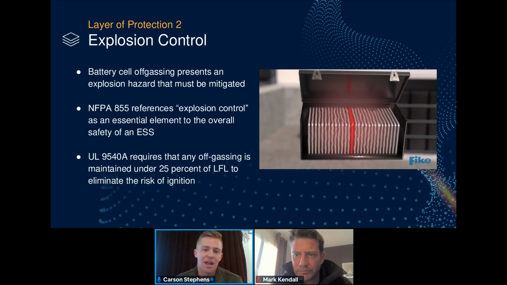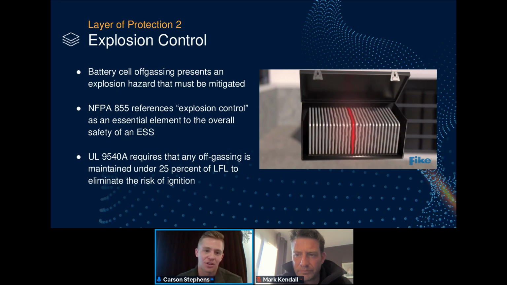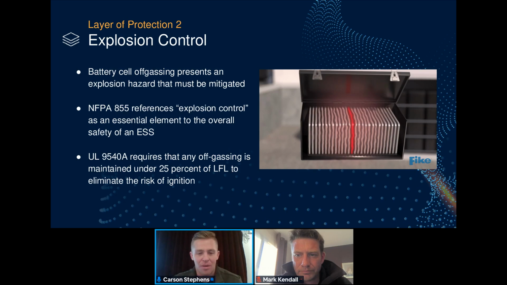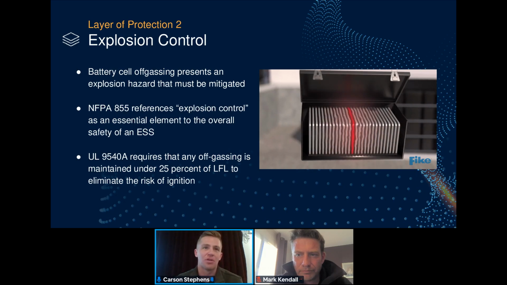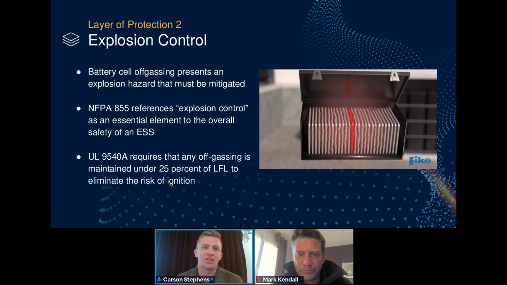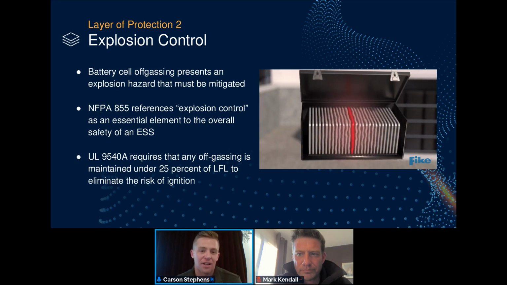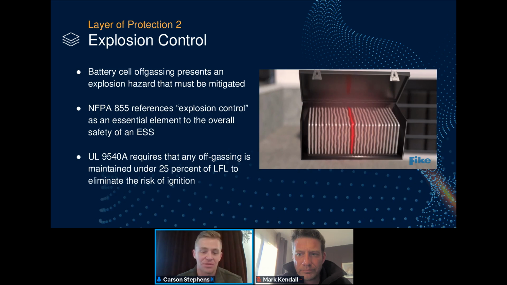Hydrogen is one of the most explosive fuels in the world. Very dangerous. Back in the day, well, I'll save this for the explosion venting side, but the idea is it's a very, very small volume, but you have to be able to manage that hazard, and you can't let it get even close to the LFL. Otherwise, now we're in deep trouble.